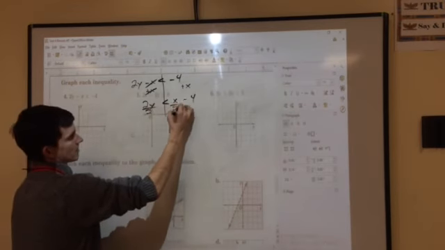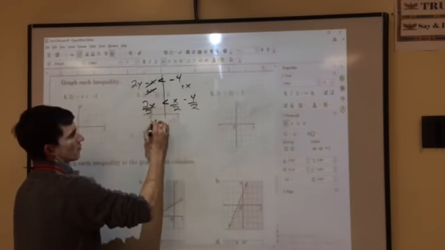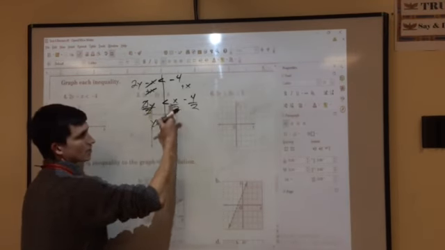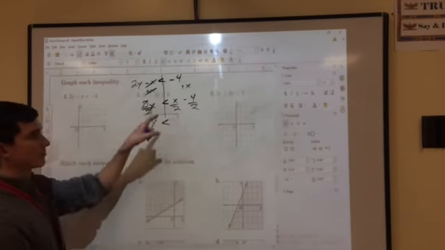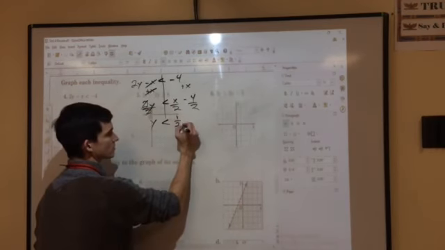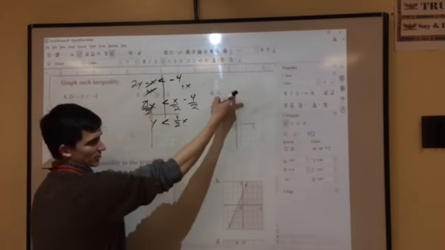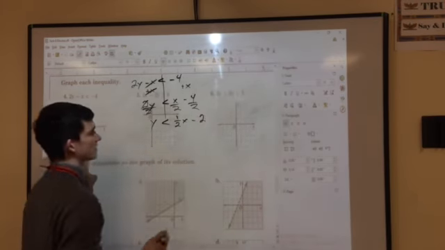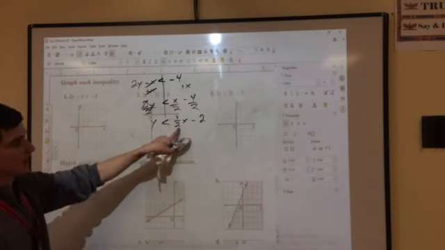Divide by 2, divide by 2, divide by 2. The 2's cancel. So y is less than, notice how I write x over 2. I realize that's 1x over 2, so I'm going to write 1 over 2x. It's the same thing as we just did over here. Minus 4 divided by 2 is minus 2.